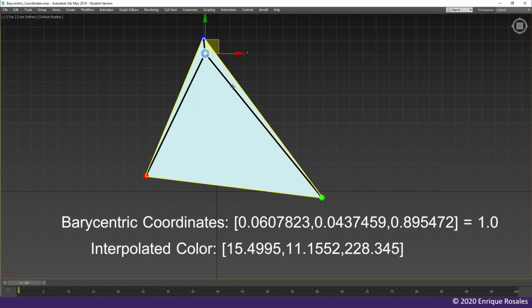We take the ray as a vector, the line from the ray, and we compute its intersection with the plane from the triangle.